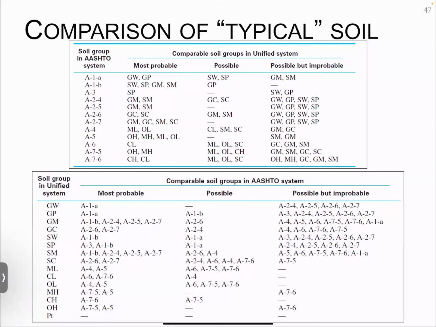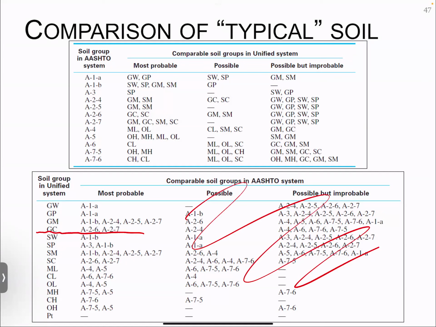Ignore all this, just look at the distinguishing here. We have primarily gravels, primarily sands, and then the rest of it here. So you can kind of see that sense here. But again, they're different purposes, so it's not always comparable apples to apples.